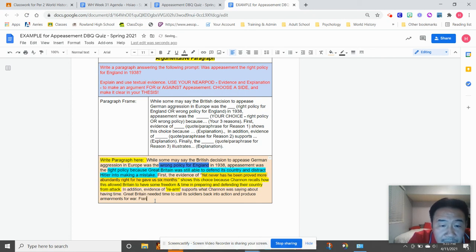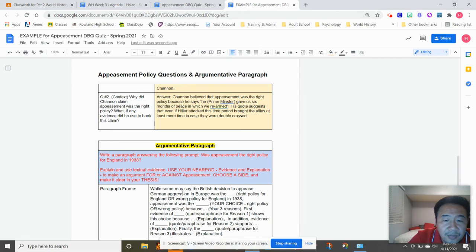Finally, so you can see how we are using each part of that sentence frame and paragraph frame to help support what we're saying. Finally, and so you could paraphrase or quote.